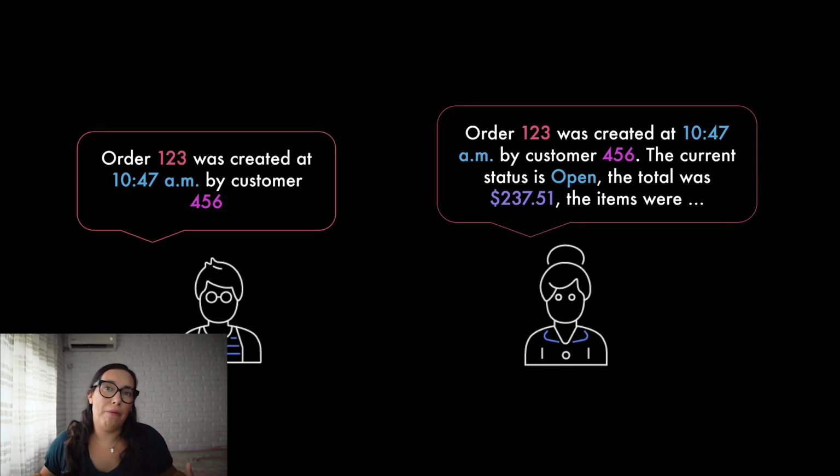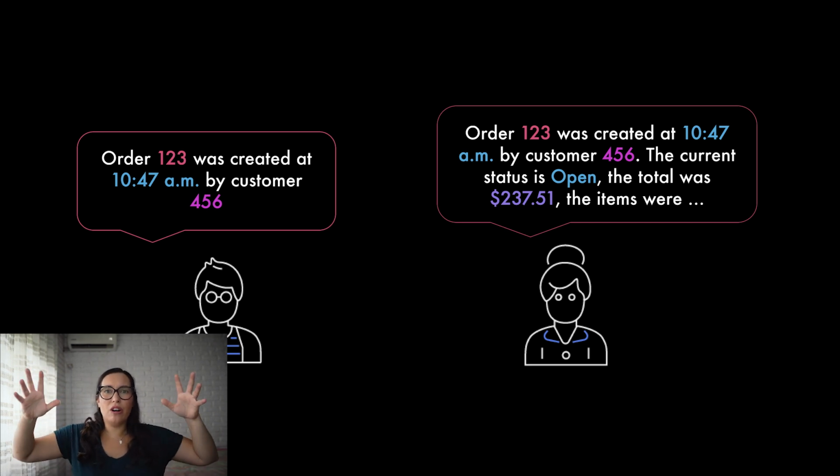When we are talking about events, another thing you need to design here is how your events are going to be formed. There are mostly two ways of doing this. One is to provide as little information as possible, and another one is to provide as much information as possible. When we provide as much information as possible, then it's great. We will say the order was this number, it was created by the customer, and all the information of the order and all the information that we can put there.